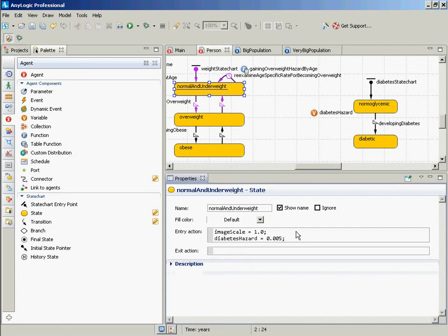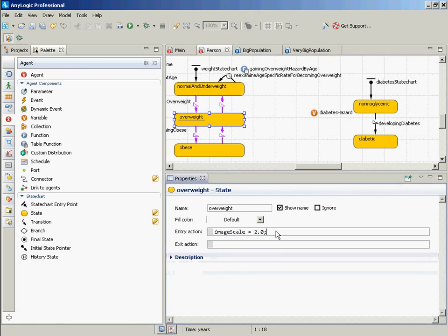Meanwhile, if they're in an overweight state, they might have a significantly higher chance of developing diabetes. True. So maybe they'll have a 3% chance per year, or 0.03 annualized hazard.